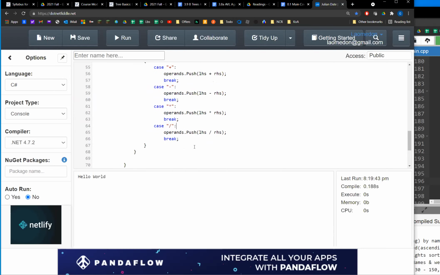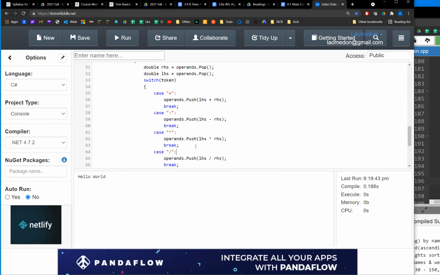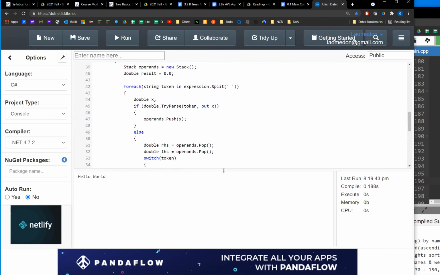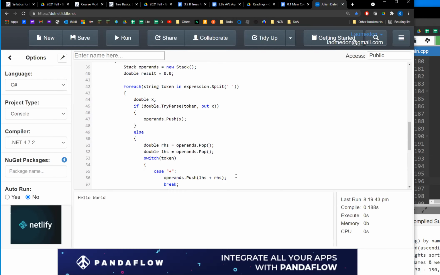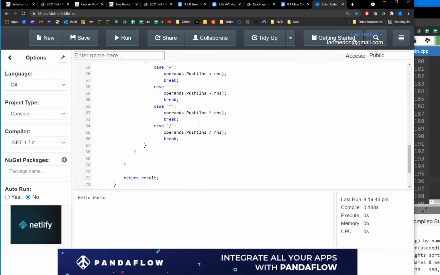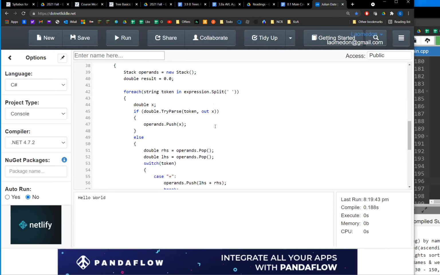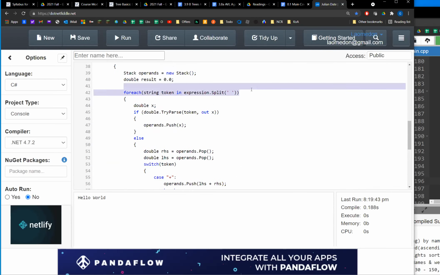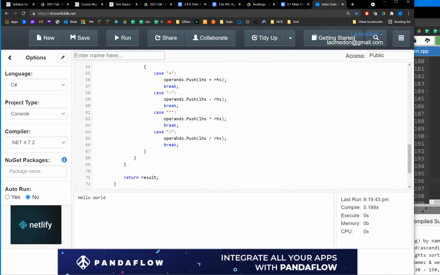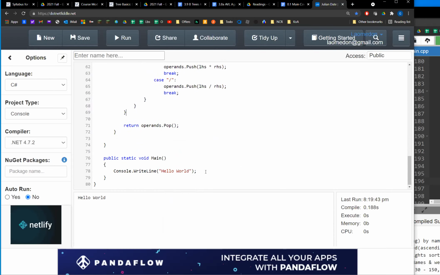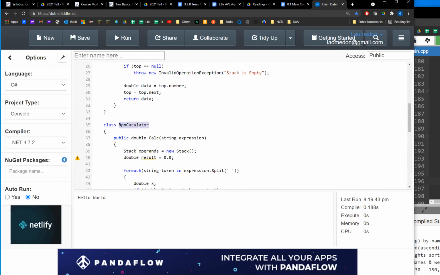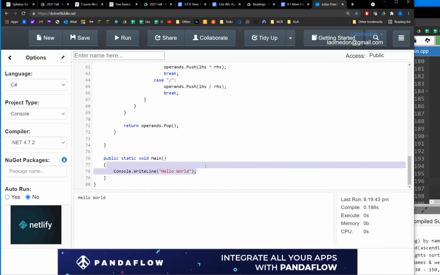We'll keep it simple. Closing curly braces here at the end. At the end of this, pull from our stack and everything's good to go. So let's go ahead and create my calculator and do some hard-coded testing to start off with.